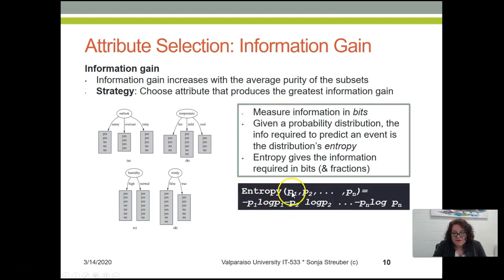The entropy for our partition here is equal to minus our first option times the logarithm for that first option minus our second option times the logarithm for that option minus and so on depending on the options that we have. The important thing is that the logarithm here really helps us translate the information into bits.